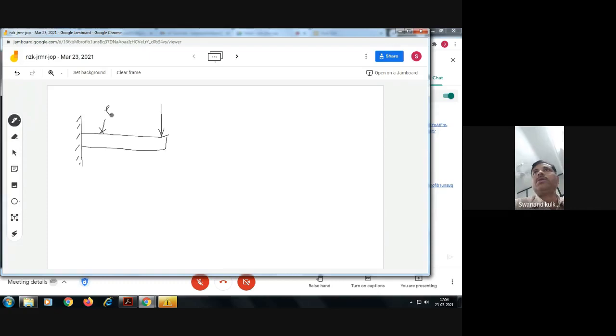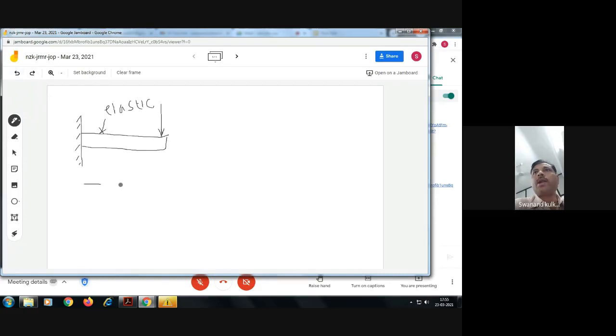So for this elastic body, if force is applied at one end, then what is our regular practice if we try to solve this example?